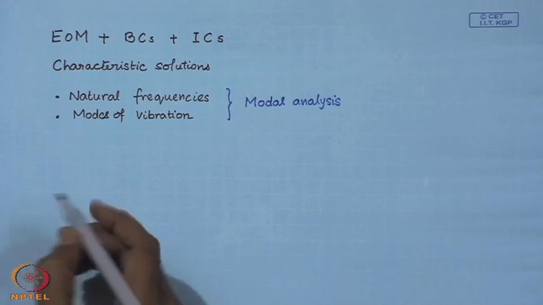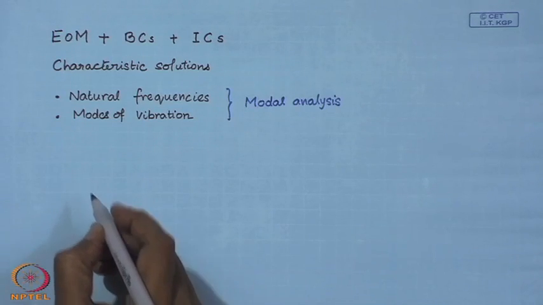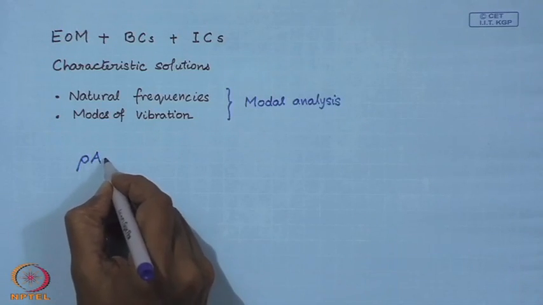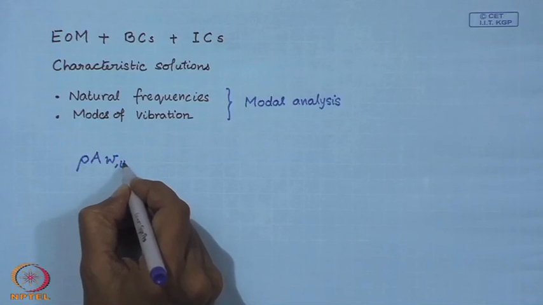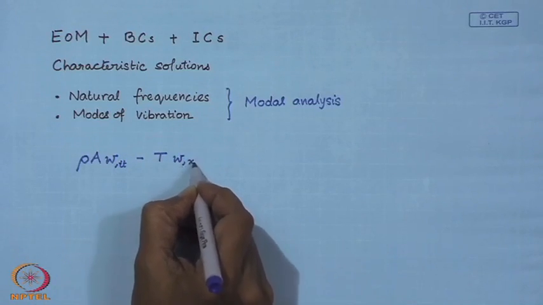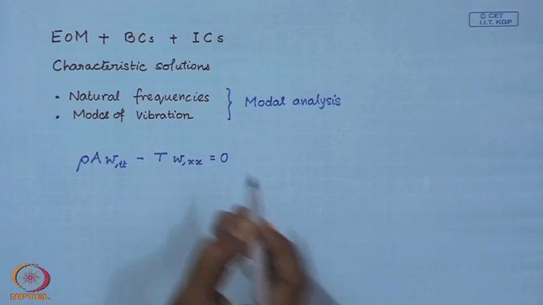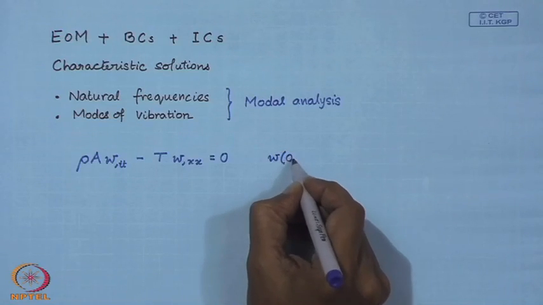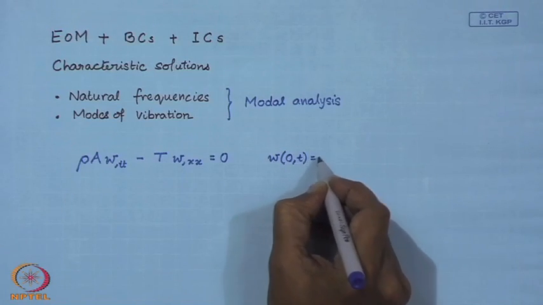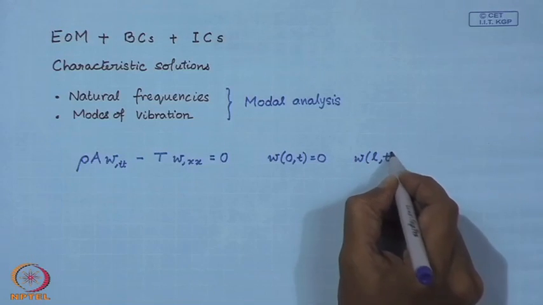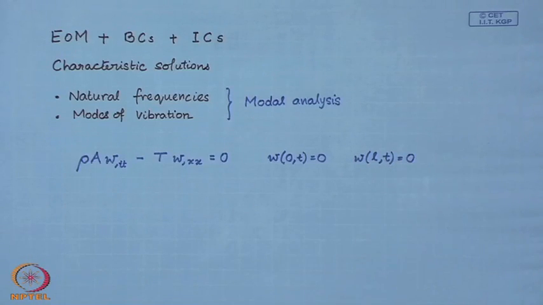If you recall the equation of motion of a string, suppose it is a fixed string of length L. We have the equation of motion and the boundary conditions.